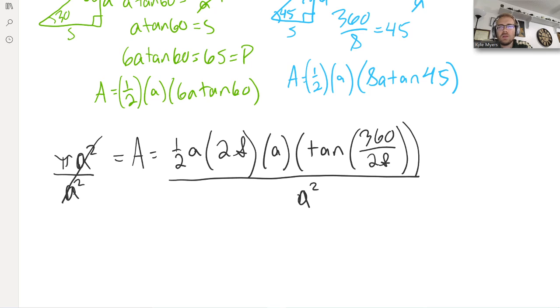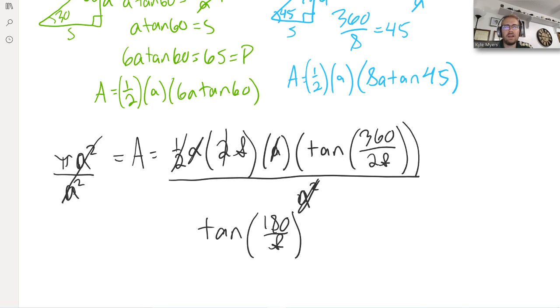Okay. Well, then I can clean this up a little bit. 1/2 and 2, they cancel. And here's a squared, so that cancels with that. So really, it just boils down to the tangent of 360 over 2s. Well, 360 over 2, that's 180. So the tangent of 180 over s, oh, and there's an s out front that I forgot about.